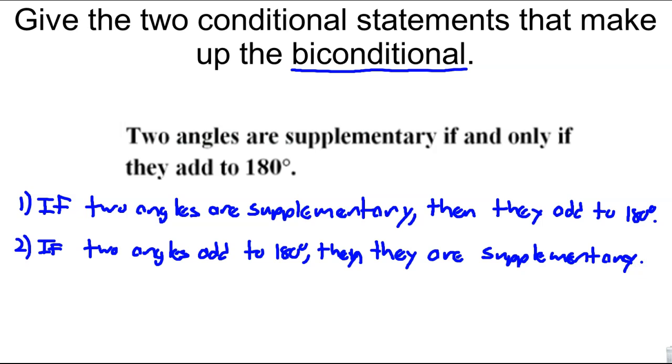So biconditional, two conditionals. Anytime I read a biconditional that's true, I know I'll have two true conditionals from it in either order.